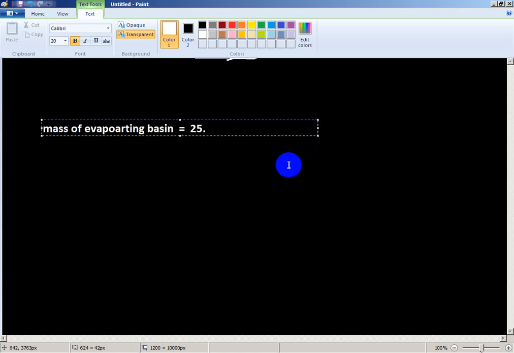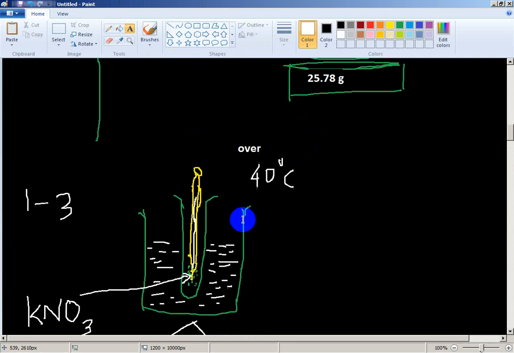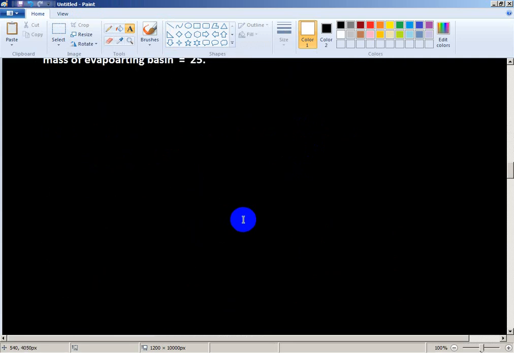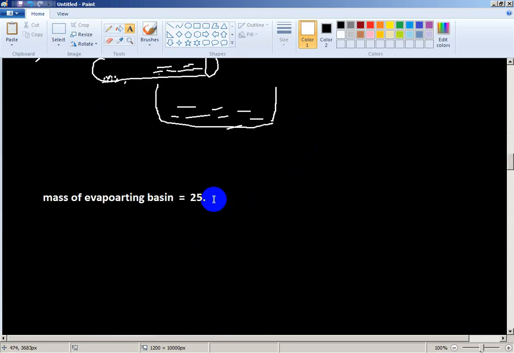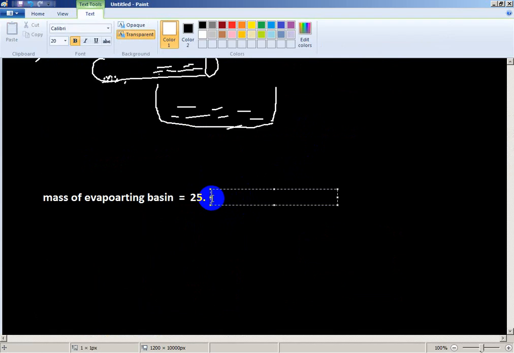Hello student, what is the mass of the evaporating basin? 25.78 gram.